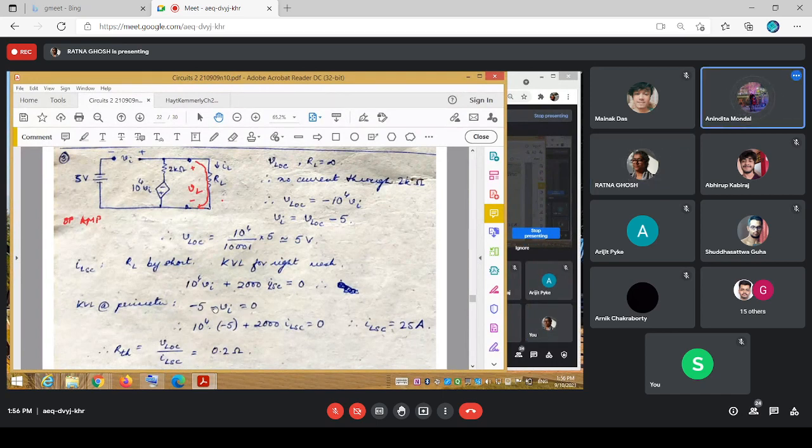So you've got this equation and this equation. We are substituting VI, and you get the ILSC as 25 amps. Correspondingly, you get RTH as VLOC by ILSC, and you will get 0.2 ohms.